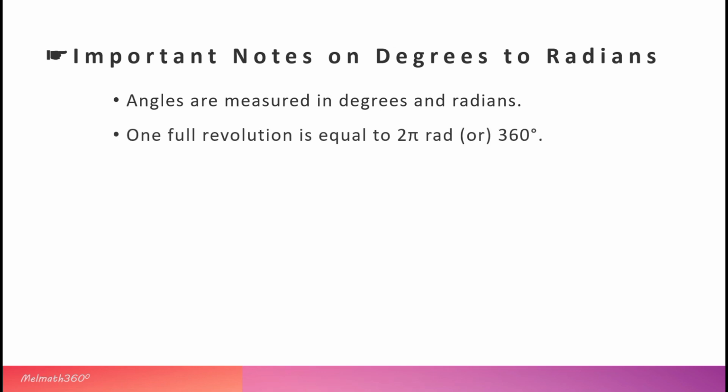Here is a list of a few points that should be remembered while studying degrees to radians. Angles are measured in degrees and radians. One full revolution is equal to 2 pi radians or 360 degrees. 1 degree is equivalent to 0.017453 radians and 1 radian is equivalent to 57.2958 degrees.